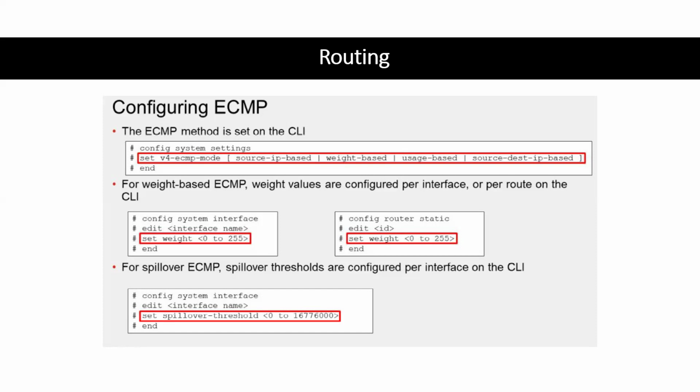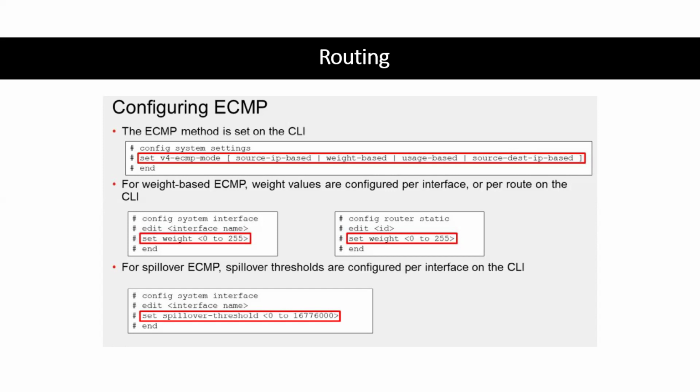So configuring ECMP has to be done in the CLI. By default, FortiGate sees in its routing table multiple routes for the same destination with the same attributes. It's automatically going to do ECMP, but it's going to use the source IP method by default.